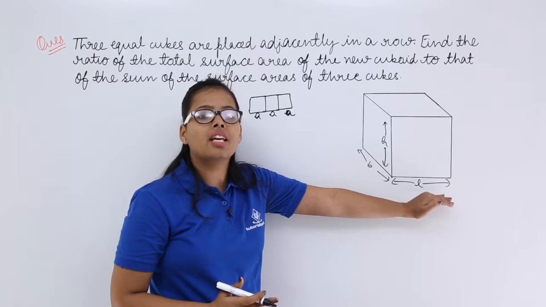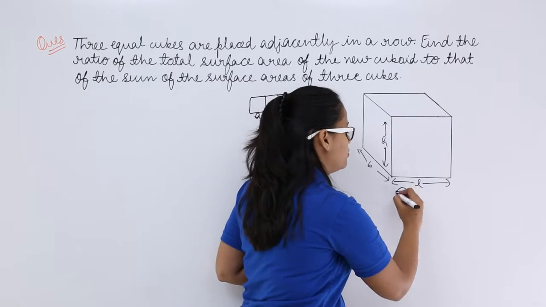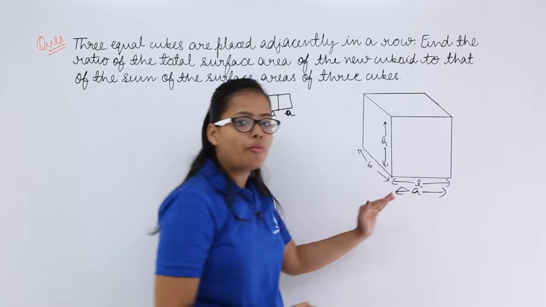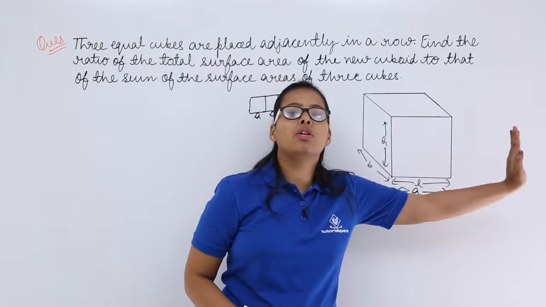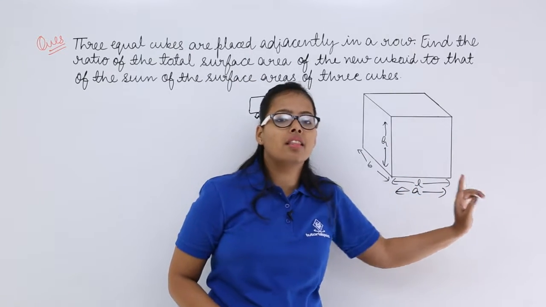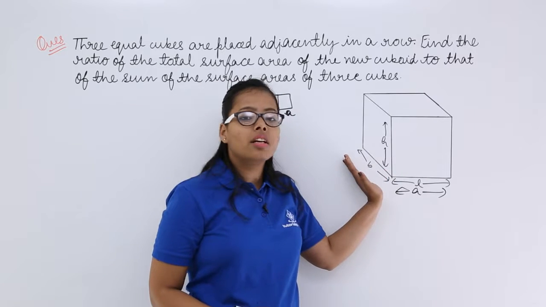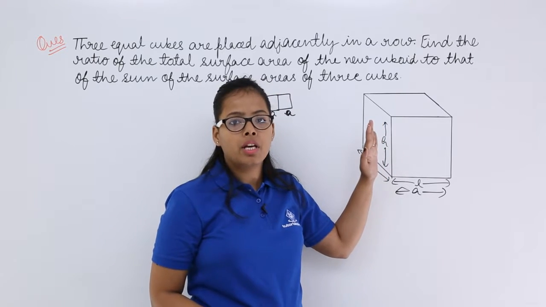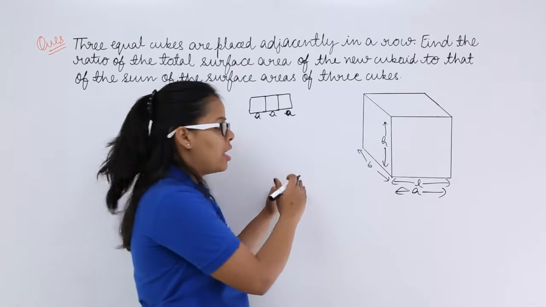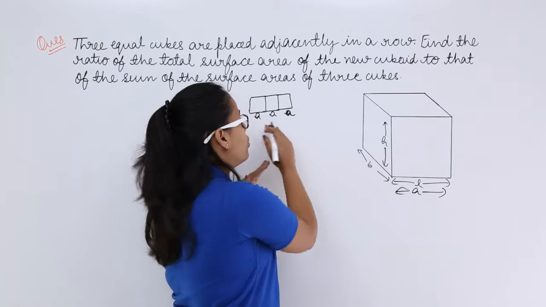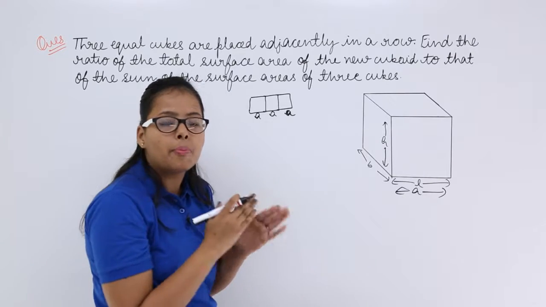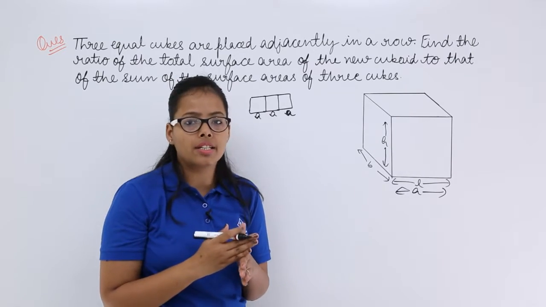If here length is a and you have placed the same cube with the same length adjacently to it, it will increase the length, not the breadth. Breadth and height will remain the same because we are placing them in a row, not like this. So length will increase, breadth and height will remain as they are.